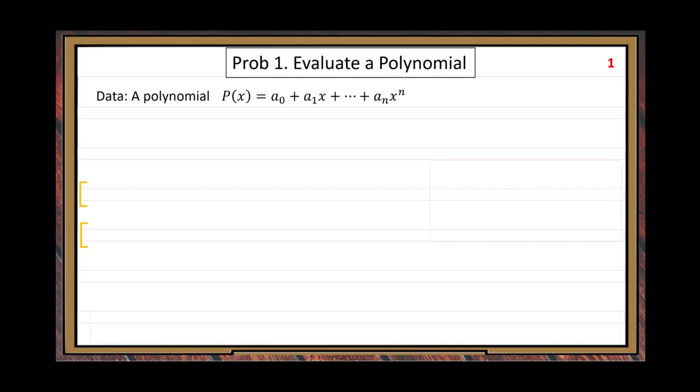P of x equals this expression, the standard form of a polynomial with coefficients a0, a1, dot, dot, dot, an. So here, these n plus 1 coefficients, the data types, we assume real numbers.